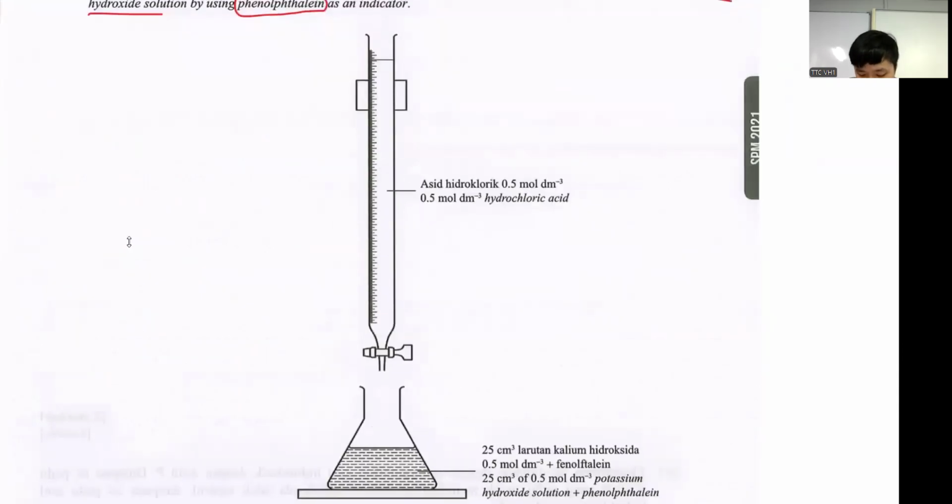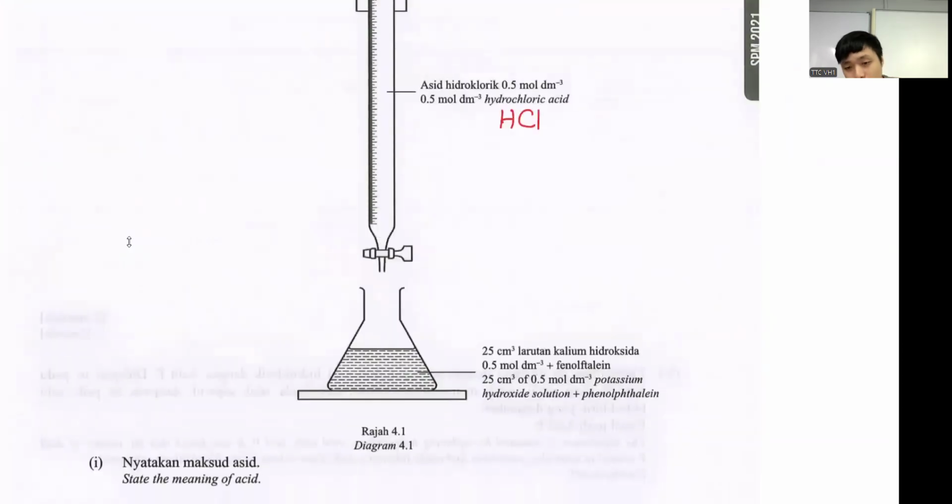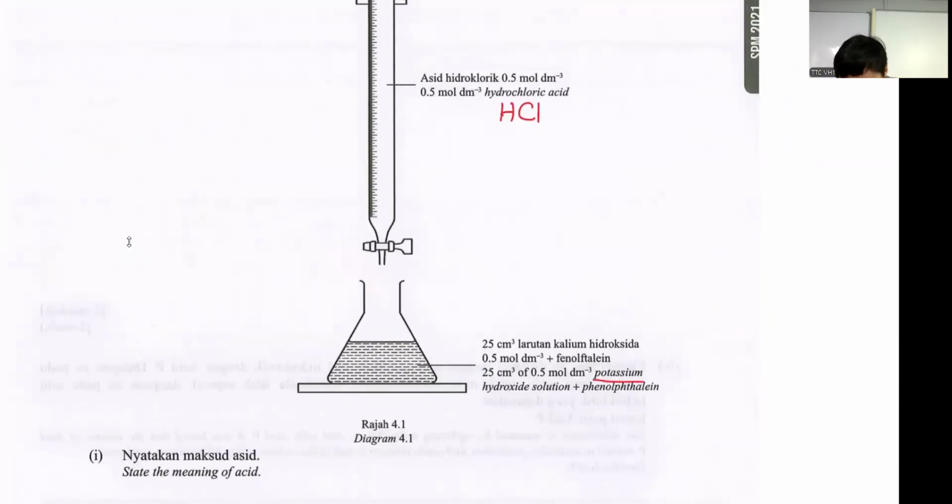So you have HCl, which is 0.5 mol per dm cube. You also have potassium hydroxide solution, KOH, plus the phenolphthalein.